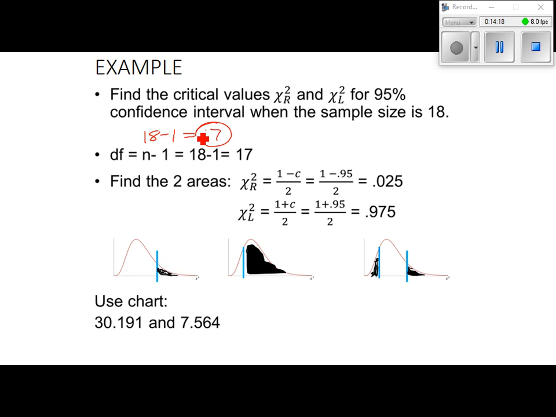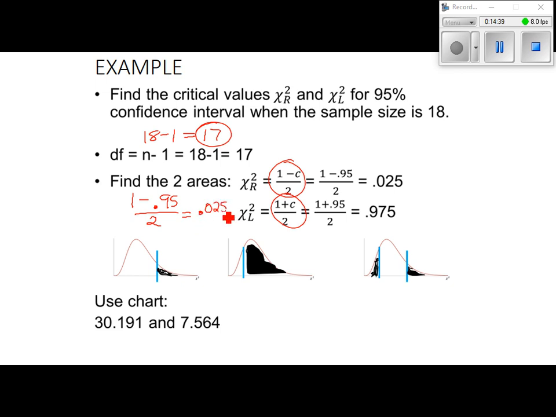We want to find the two areas, so we use those two little formulas. We're going to do 1 minus 0.95, divided by 2, which is going to give us 0.025.